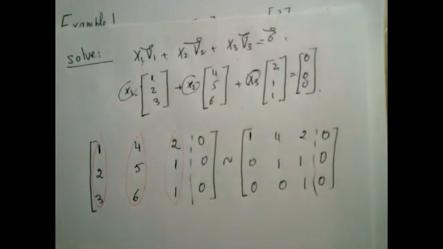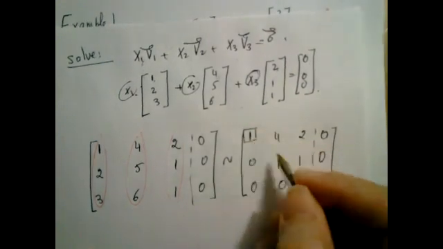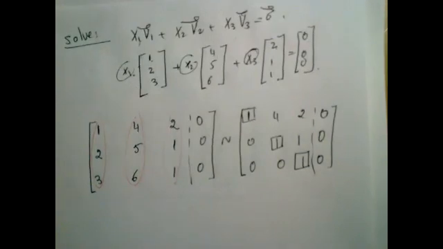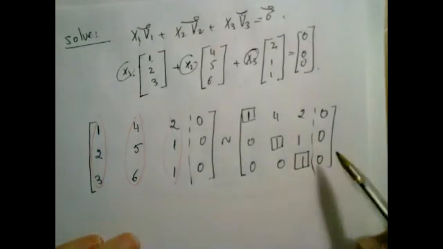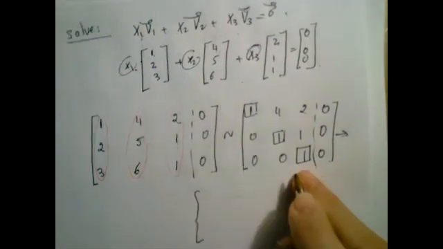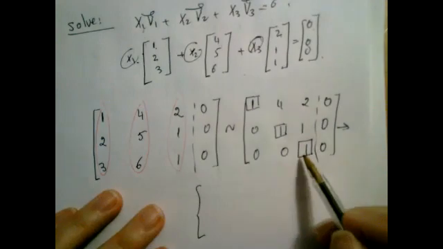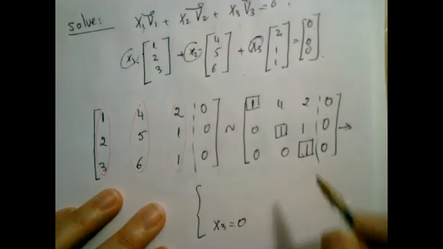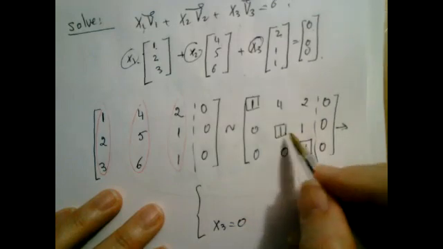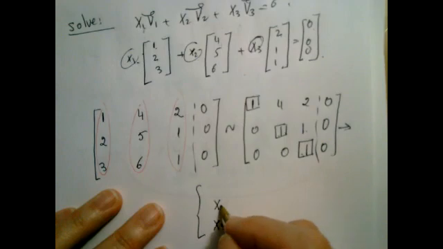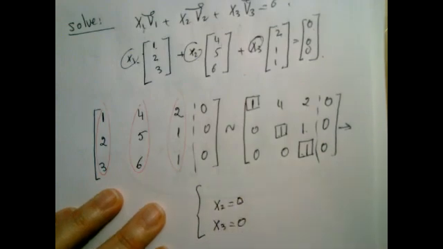So the question is, is the solution unique? This is my leading one, my leading one. If I solve here, do I get one solution or more than one? Let us solve this. The last one, obviously, is x3 equal to 0. This one reads x2 plus x3 equal to 0, but x3 is already 0, so x2 equal to 0.